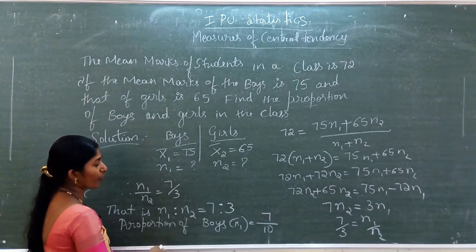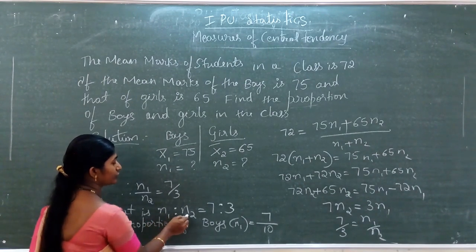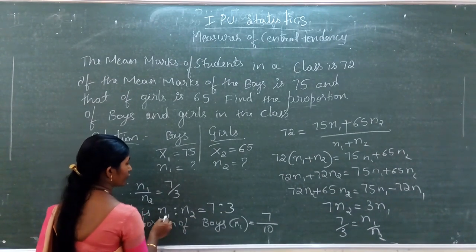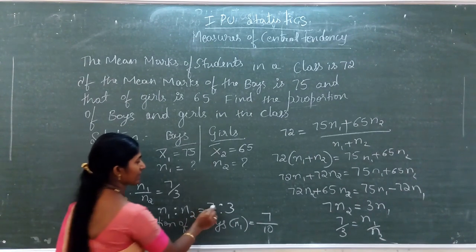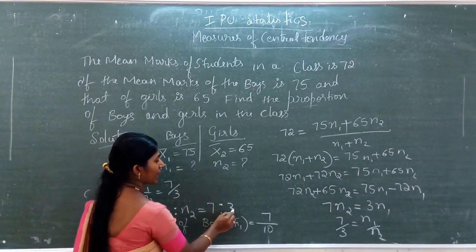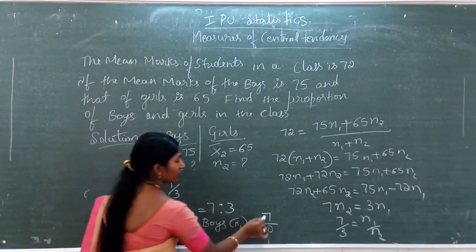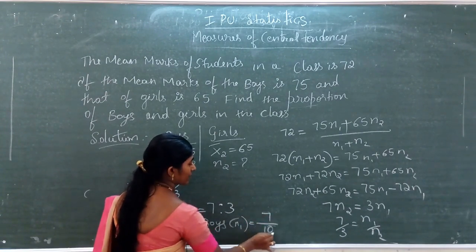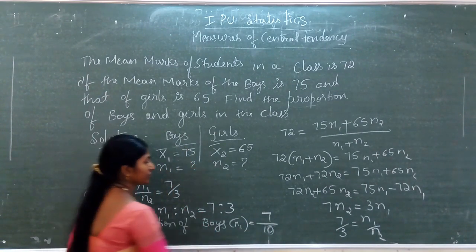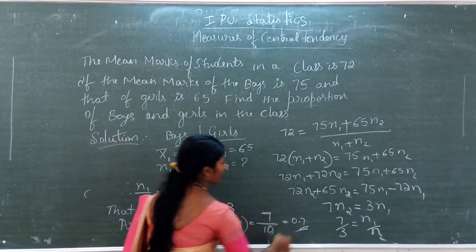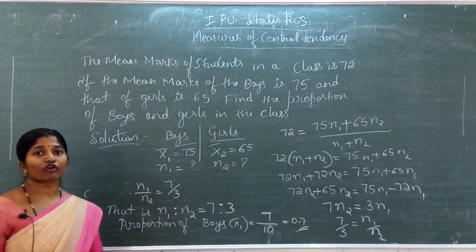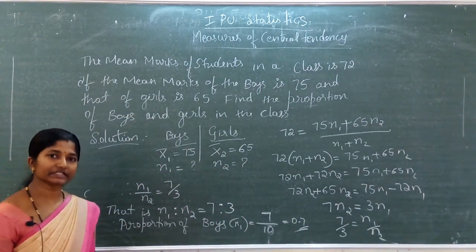Therefore, proportion of boys, that is n1 is to n2, and here 7 is to 3. Therefore n1, 7 divided by 10. 7 plus 3, 7, 8, 9, 10. Total 10 is there. Out of 10, we got 7. That is, the proportion is 0.7. Proportion of boys is 0.7.